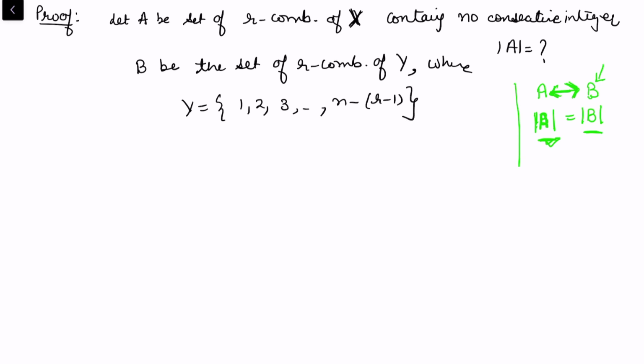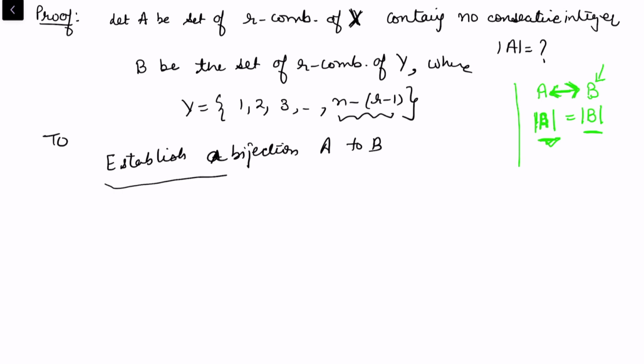So there are n minus r plus 1 elements. Now we want to establish a bijection from A to B. This is what we want to establish.